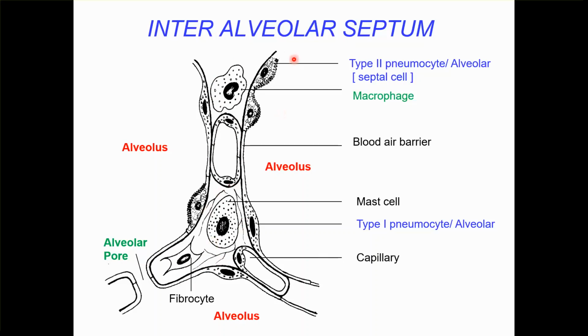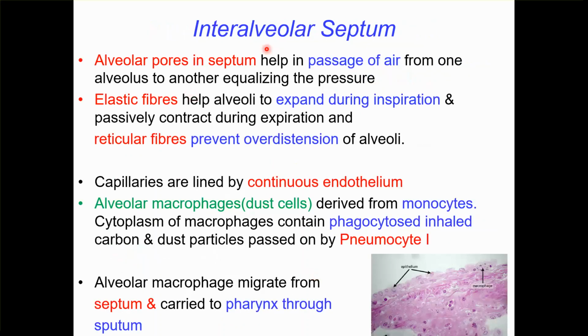Now the lining of the alveolus is made up of two types of cells: type 1 pneumocyte or alveolar cell, and type 2 pneumocyte or alveolar cell. The alveolar pores in the interalveolar septum help in the passage of air from one alveolus to another, equalizing the pressure. The elastic fibers help the alveoli to expand during inspiration and passively contract during expiration.